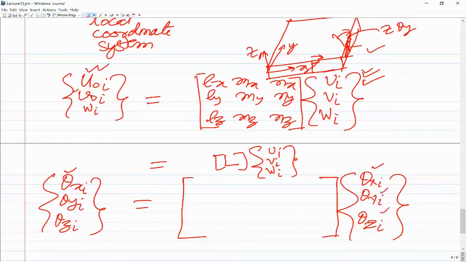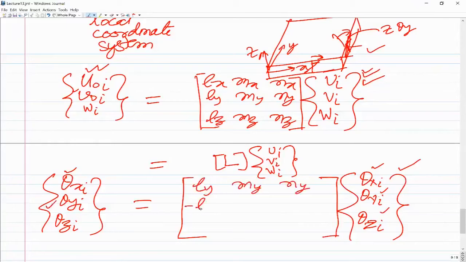So when I want to write theta xi, which is the rotation about the y-axis, I have to take the unit vector ey cap. So for small deformation, it would be the dot product of the vector ey cap and this vector. So that will give you ly, my and ny. And then theta y is actually the rotation about the negative x-axis, whereas these theta xi, capital theta yi, capital theta zi are the rotations about positive x, y and z axes, whereas this theta y is the rotation about the negative x-axis. So we need to take ex cap and put a negative sign.